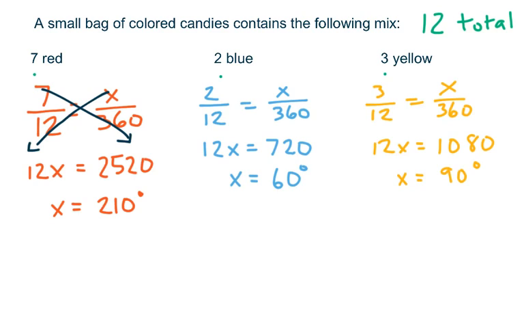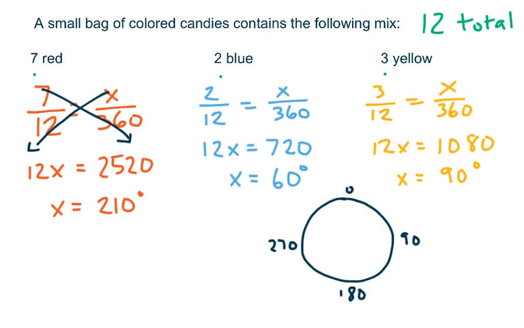So when I make my pie chart, I need to start out with a circle. This circle consists of 360 degrees. What may be a little bit helpful for us is that's our starting point of 0 degrees, 90 degrees is over here, 180 degrees is at the bottom, 270 degrees is on the left. And I just put those in as markers to help me draw my lines.